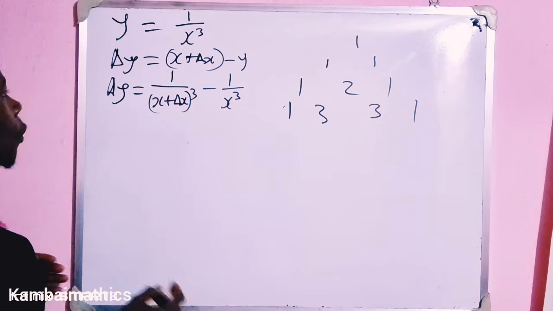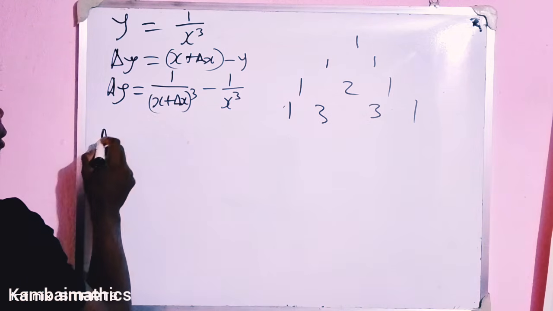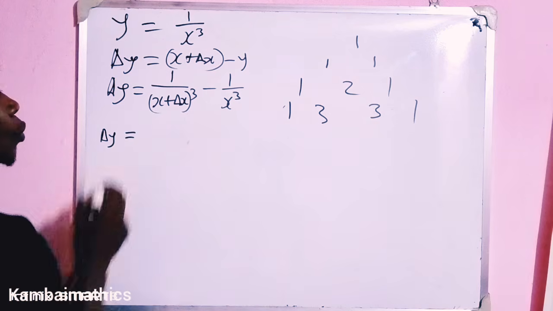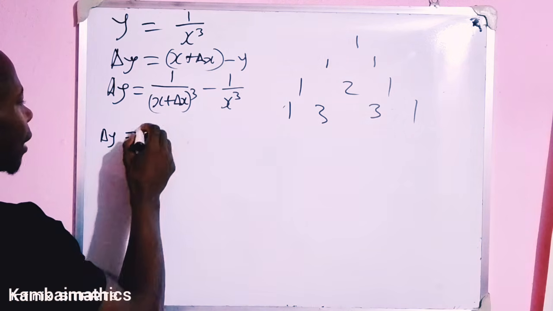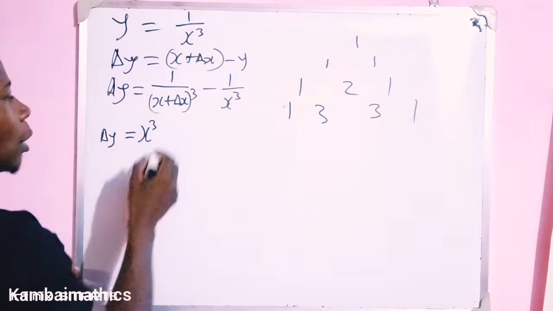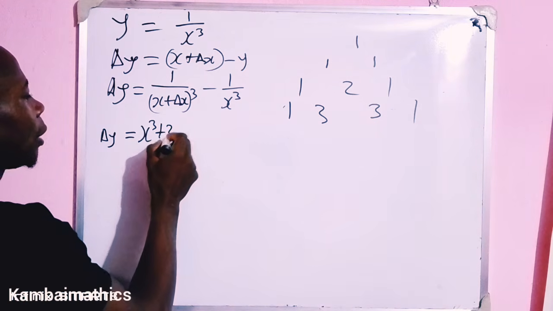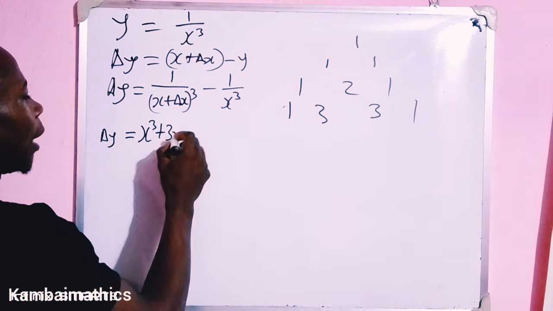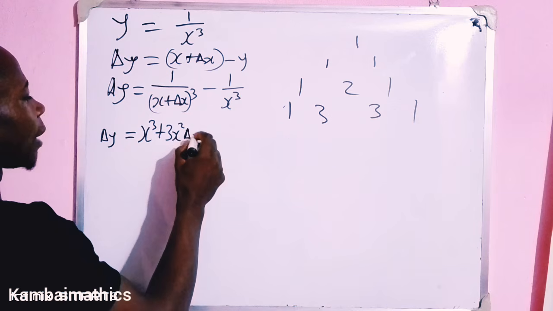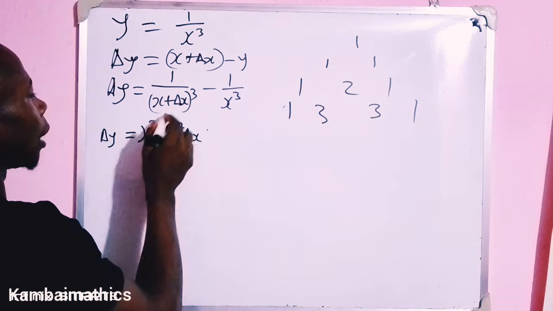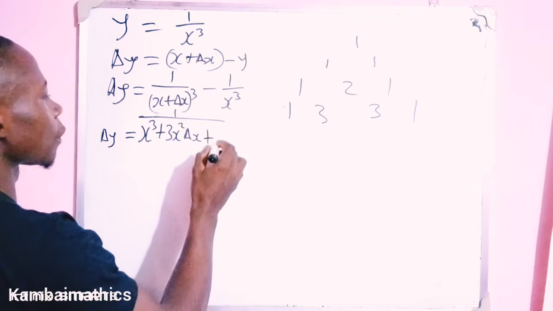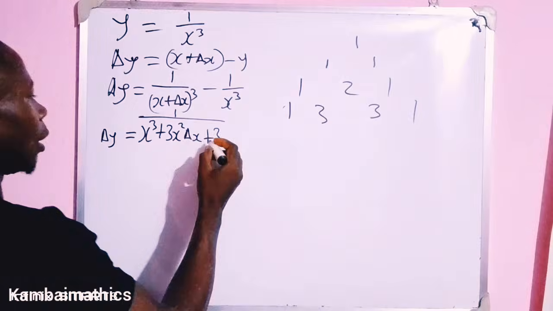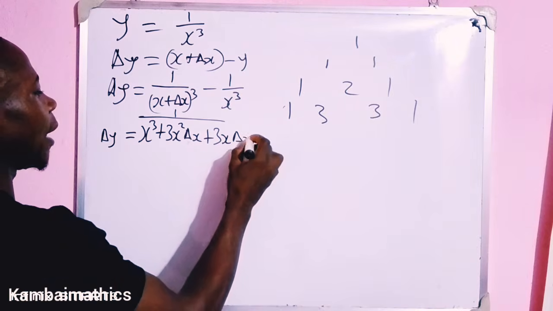What I will do first of all is that we'll have delta y is equal to, so this one here will give us x raised to the power of 3, and then plus 3 x raised to the power of 2 and then delta x, then the next one will be plus another 3, then we have x, then delta x squared.